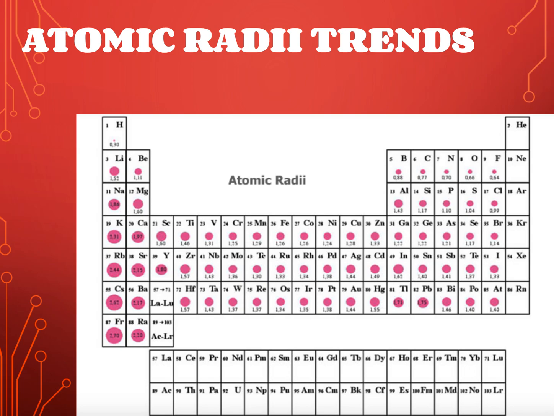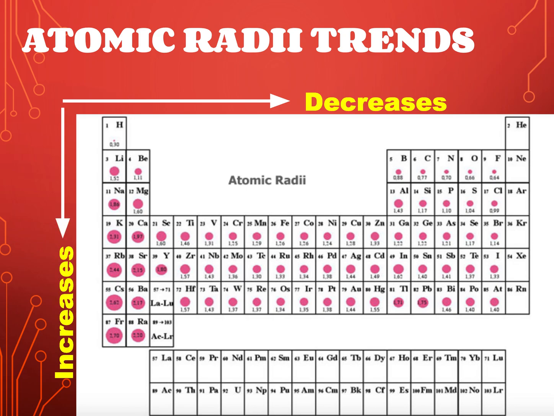What you need to know for the test is the trend. So atoms get smaller as you go to the right, and they get bigger as you go down. Another way to remember this is francium is the biggest, and helium is the smallest.